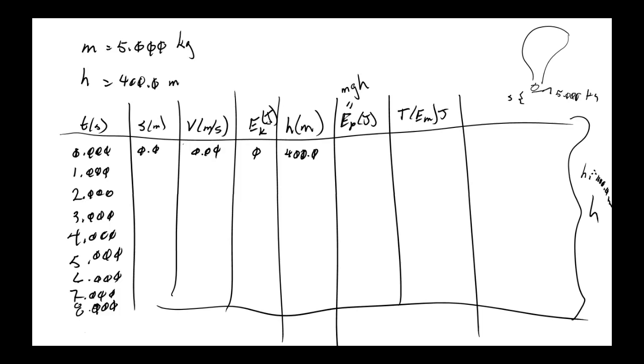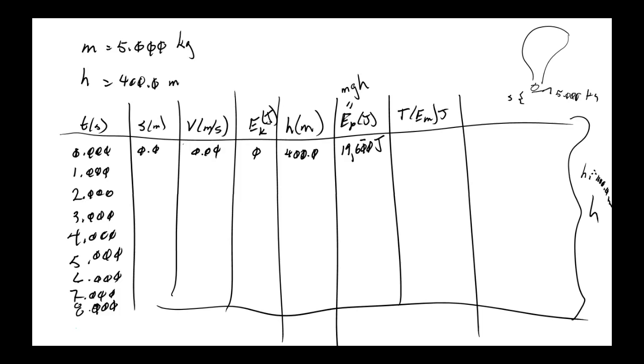So if someone's got a calculator, 5 times 400 would be 2,000, and multiply that by 9.8, you get 19,600 joules. Now, where's your significance there? I'm guessing it's that first zero. Yes, that's what they put it as.